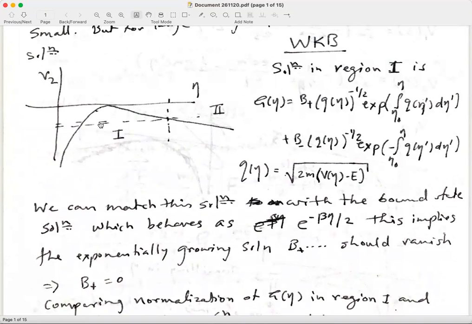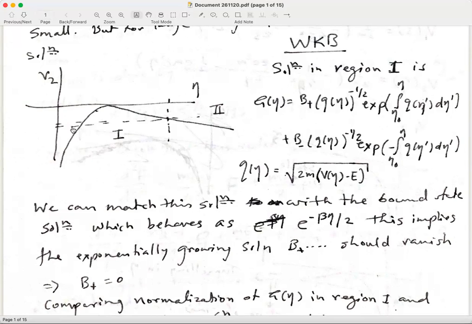If the barrier is very small, then the approximation that we have used, saying that we are going to match this WKB wave function on the left with the bound state wave function, is not correct. Simply because if the barrier was very small, then the bound state wave function itself may not be a reasonably accurate description in the neighborhood of the turning point.